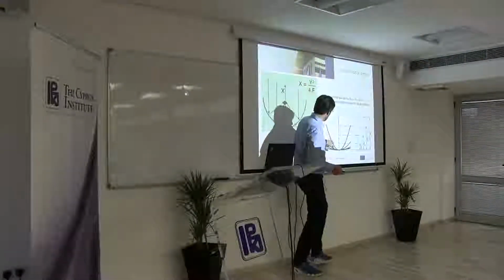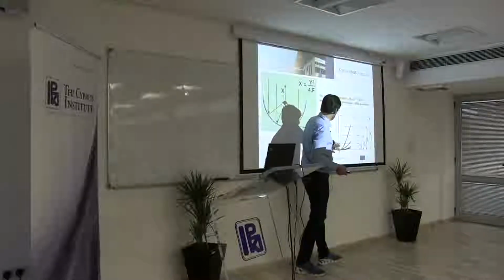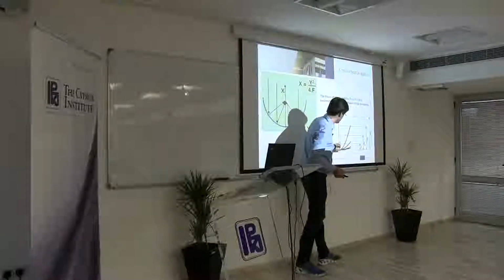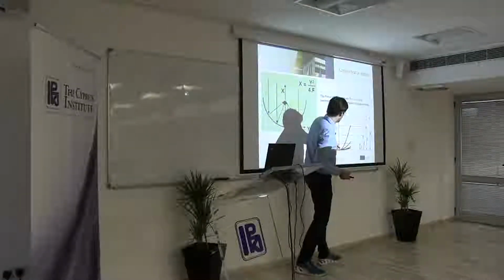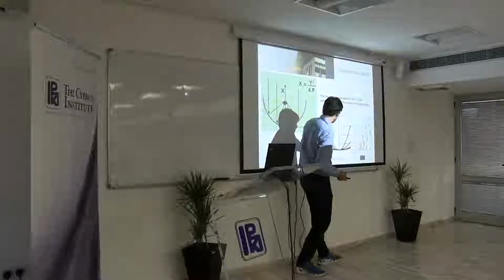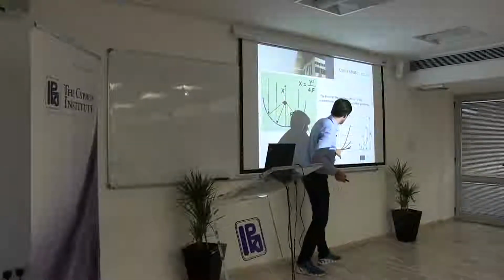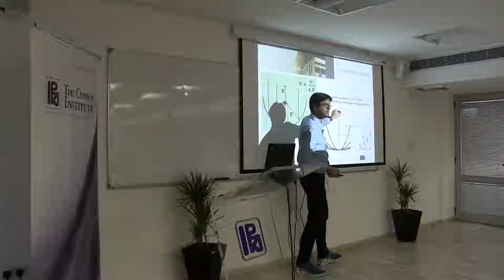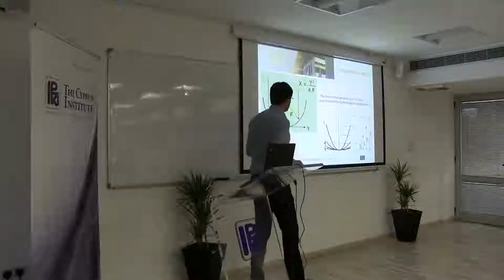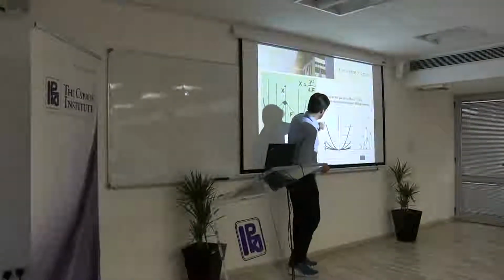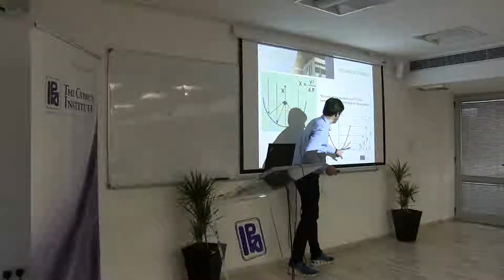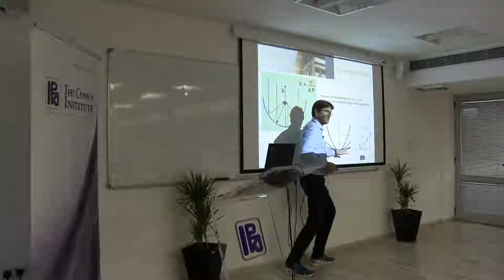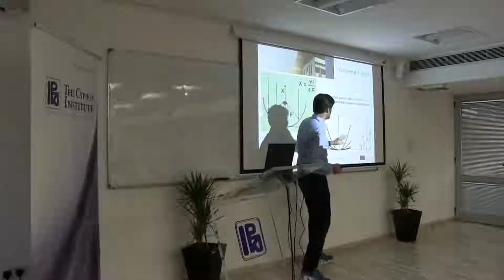Here, the more it's curved, the smaller the focal length is. For a small curvature you have a high focal length. This parabola is concentrating here, and this one is close to a flat one, reflecting very high.